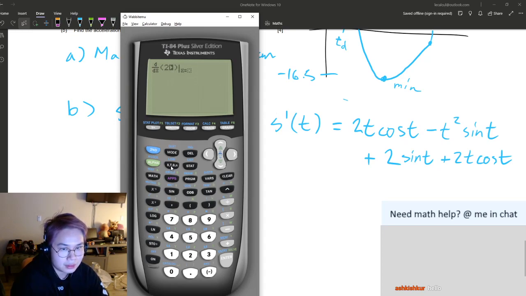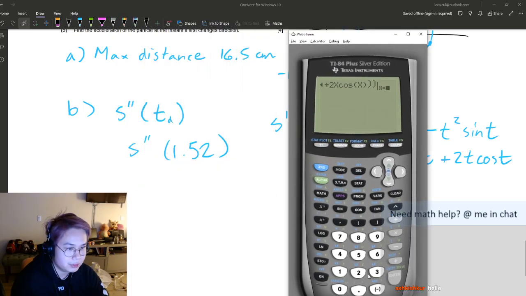So 2x cosine x minus x squared times sine of x plus 2 sine of x plus 2 times x times cosine x. And we want to evaluate this function for 1.52.